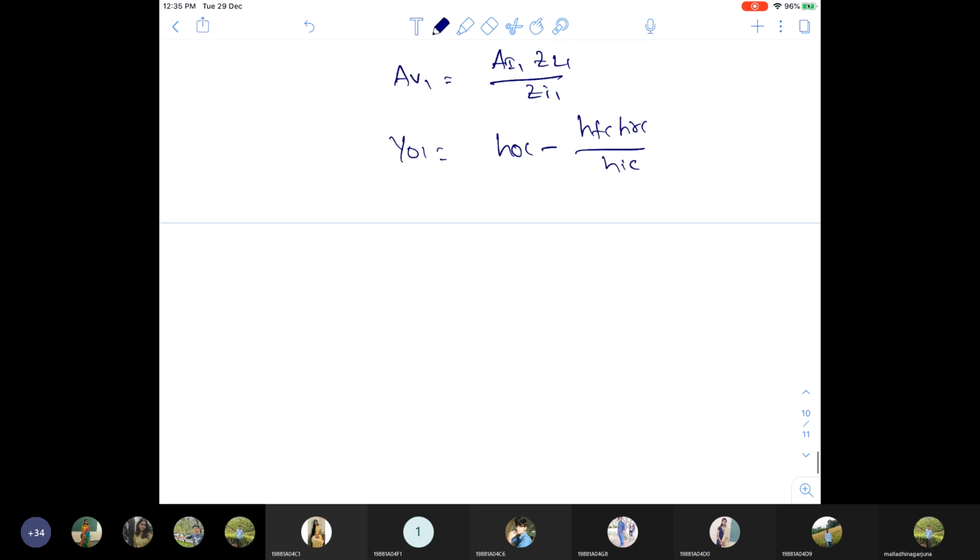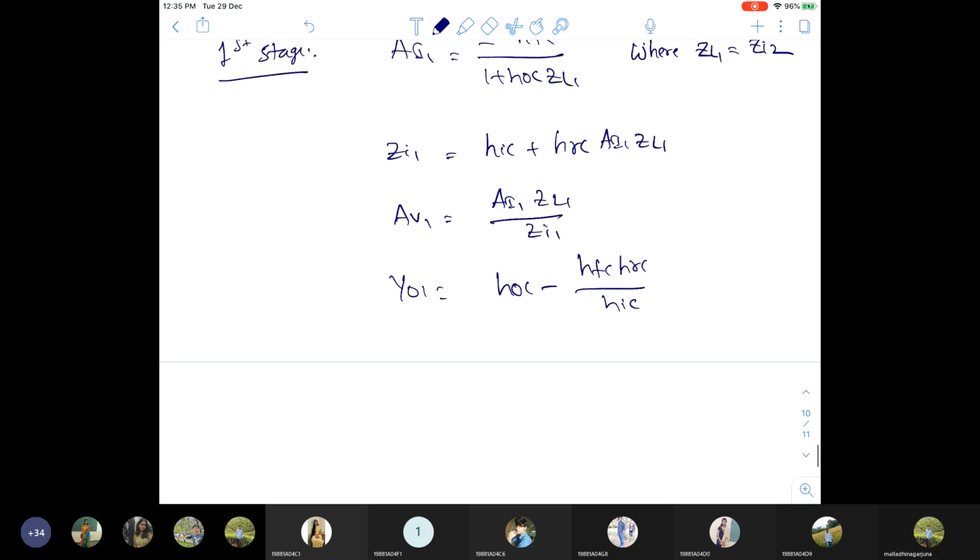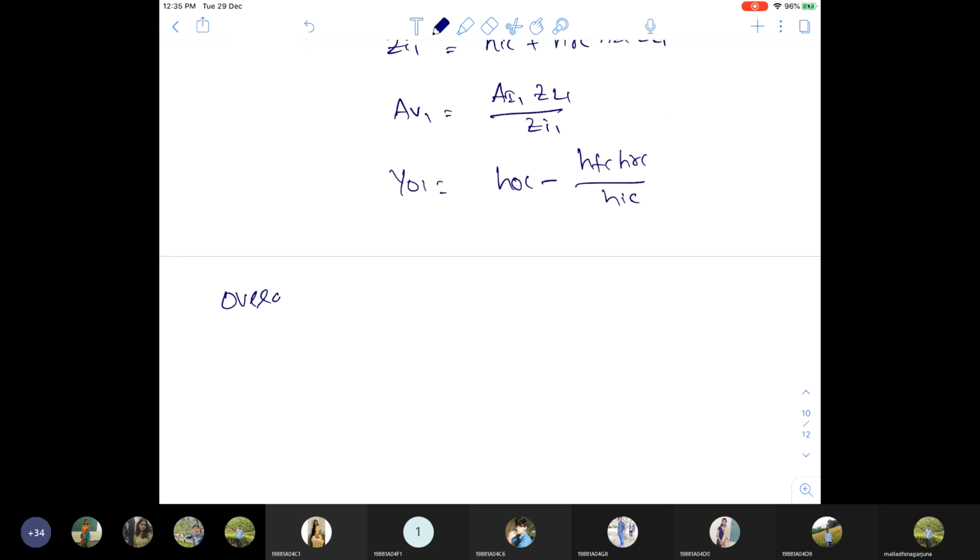Am I right? So this is the first stage. And now overall becomes AV equal to, as usual, AV1 into AV2.